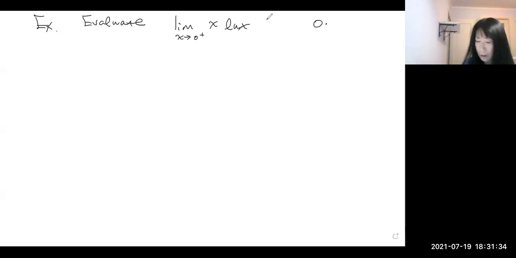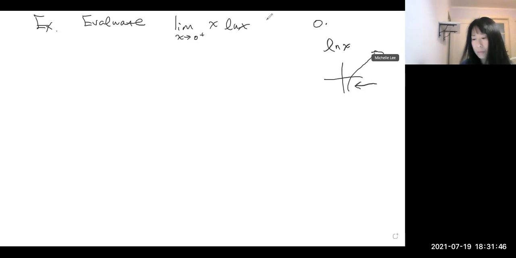Because it must be greater than 0. For ln x, we need to analyze the graph. From 0, what do you get? When x approaches 0 from the right, what about ln x? Negative infinity, right? So this is also an indeterminate form.